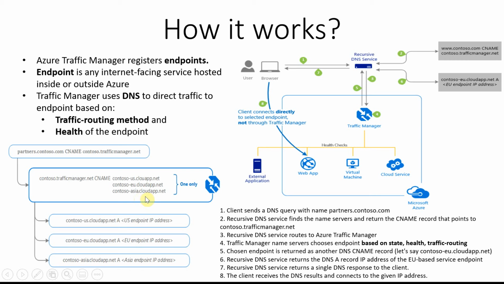So I think we have discussed this diagram in the last session. Generally the traffic starts with a browser and some URL. Once you hit a URL, the traffic will generally go to a DNS service. The DNS service is something globally available, not related to Azure.